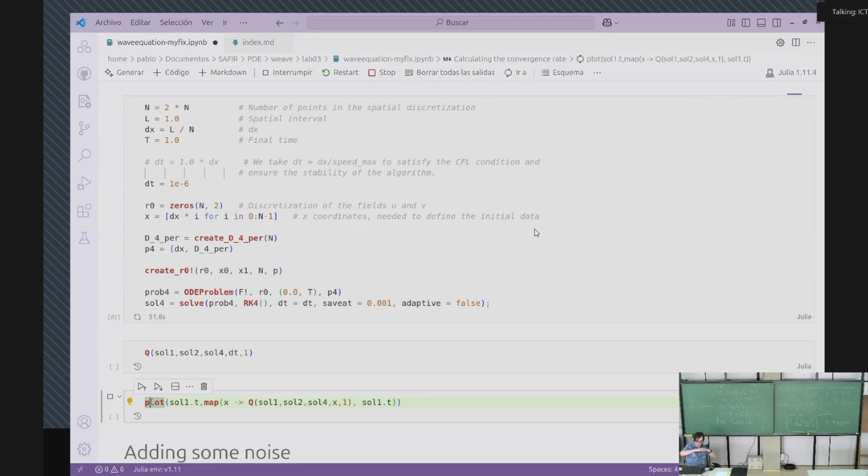So each time we see how the solution is converging, to see if the fourth order approximation that we have, for example, in the spatial dimension, is preserved when we continue to evolve in time, because maybe we're evolving in time and we are introducing some weird error, some weird interaction, and suddenly we are not having that same fourth order convergence, right? So this is something that maybe we are worrying about.